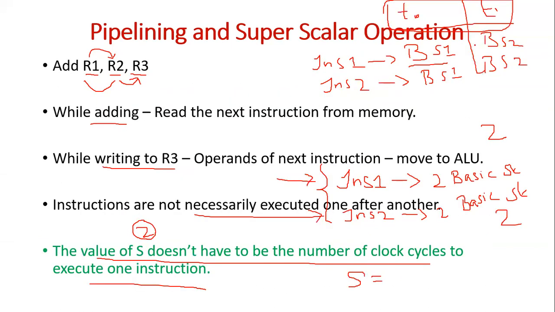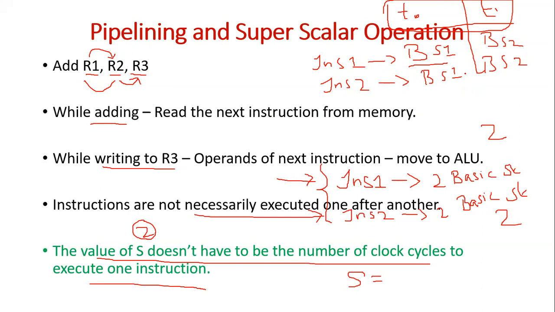Even though there are four basic steps, all these four basic steps are completed in two clock cycles. It means that two instructions got executed in two clock cycles.